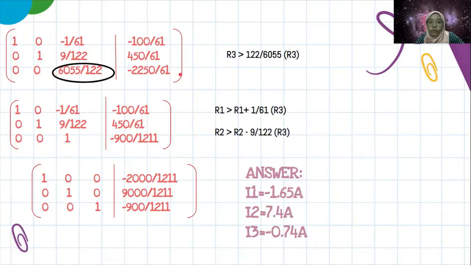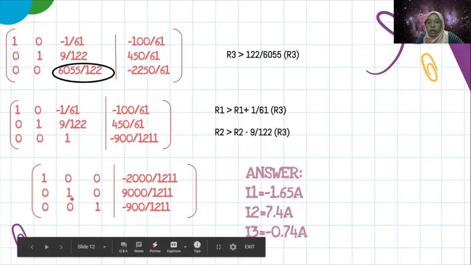After that, we focus on making the rest 0, so we make an equation for row 1 and an equation for row 2, and we apply the equations, and then we will get the identity here, and this part will become the answer that we want.